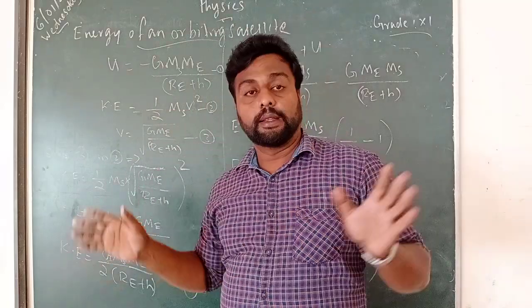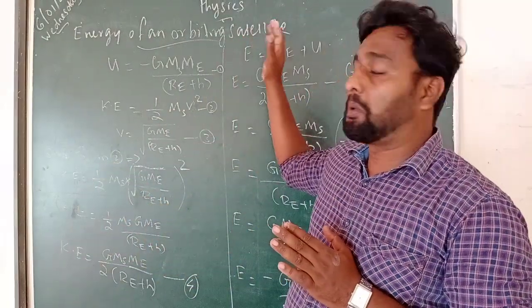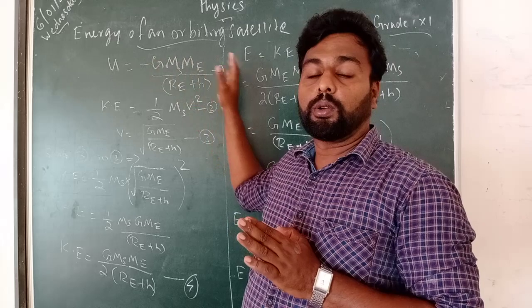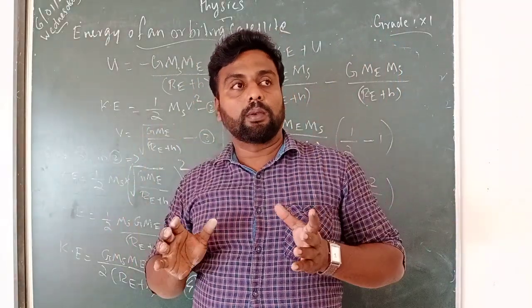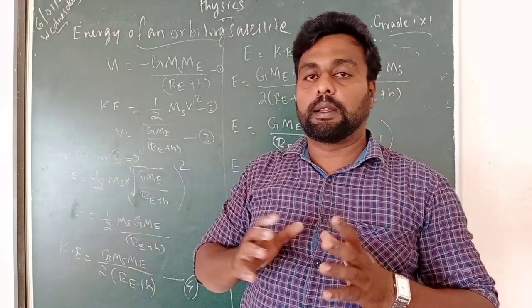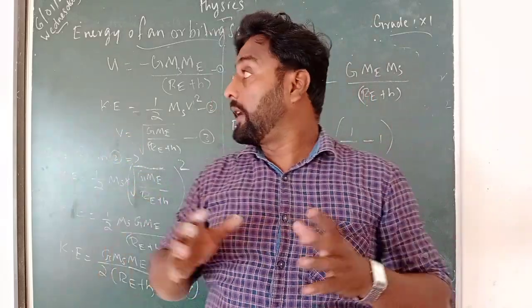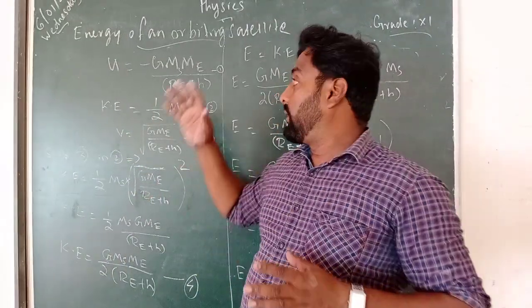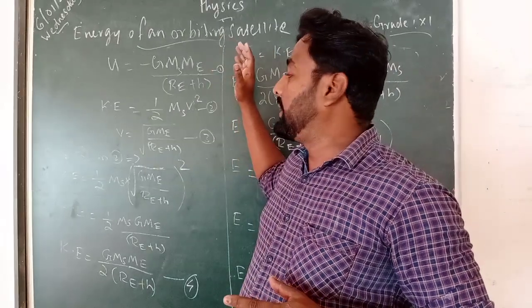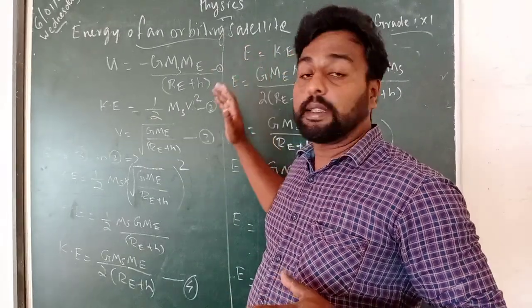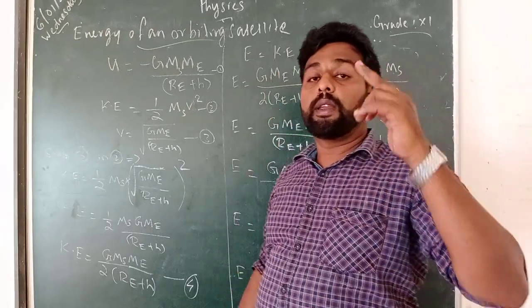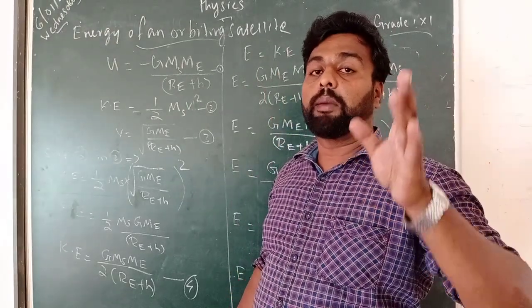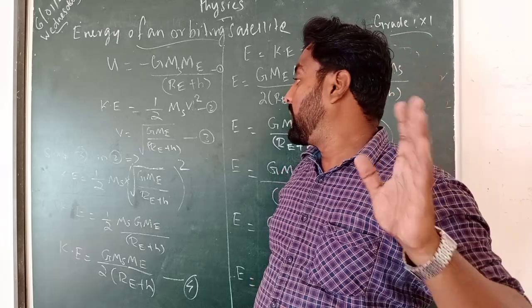Energy of an orbiting satellite, just remember, go through this. When a satellite is revolving around the Earth, it possesses gravitational potential energy and kinetic energy. The gravitational potential energy is minus G MS ME by RE plus H, and the kinetic energy is half mv square, where MS and ME are the mass of the satellite and mass of the Earth.